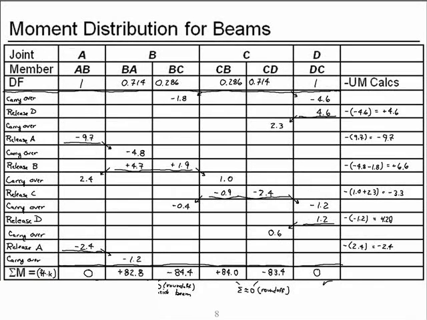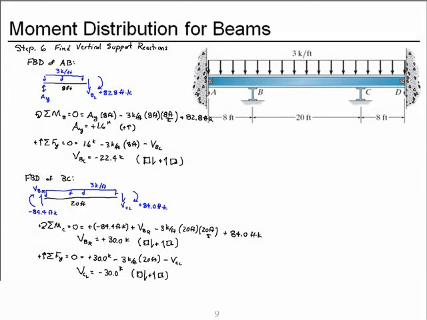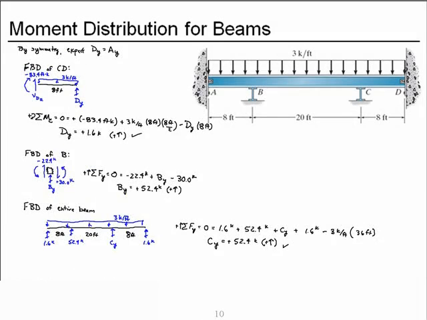To find the moments inside the beam, we added up individual columns. And we then used those internal moments to find the vertical support reactions, which we obtained and demonstrated symmetry, which we expect from this problem, even though we had some round-off error and some lack of symmetry in the internal moments based on when we stopped the moment distribution process.